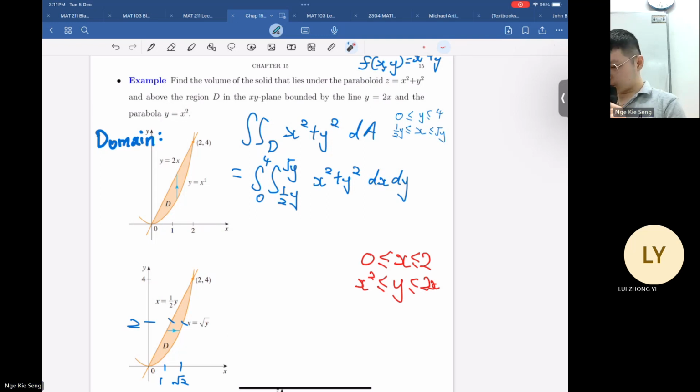Okay. So try and compute the integral, whichever method you want to use. Let's see if we all get the same answer or not. Just try any direction you like. Do both if you like.